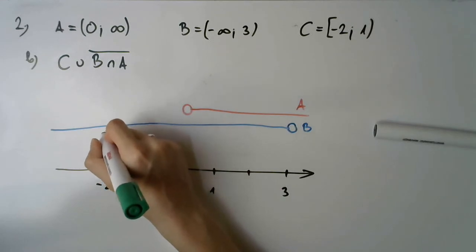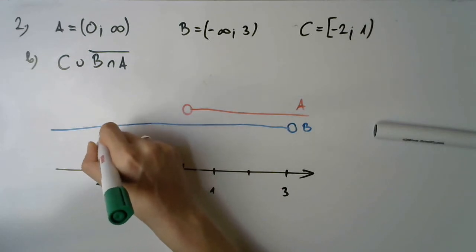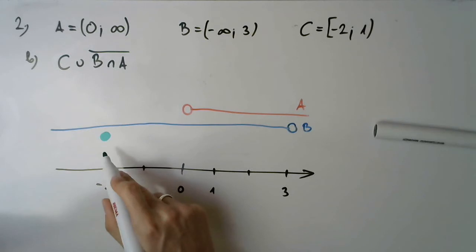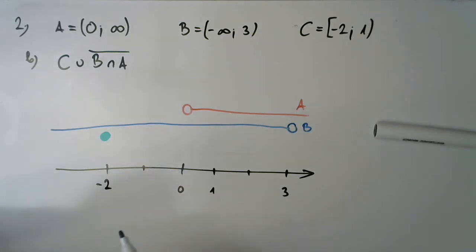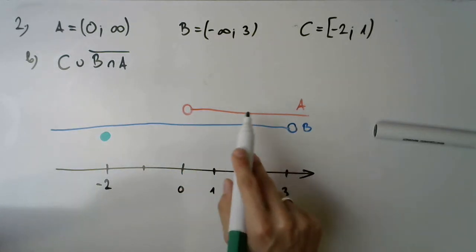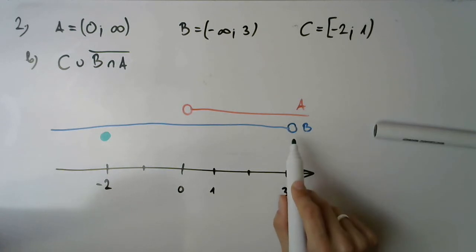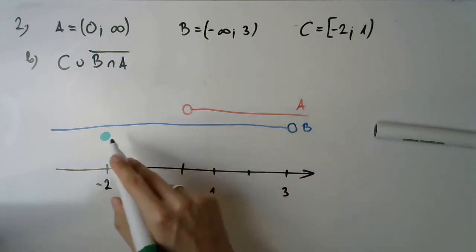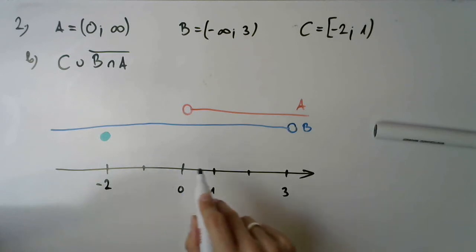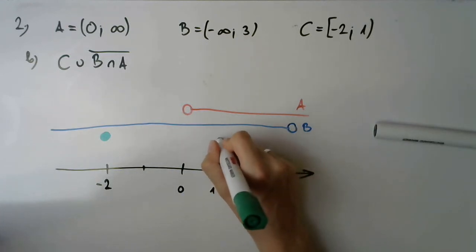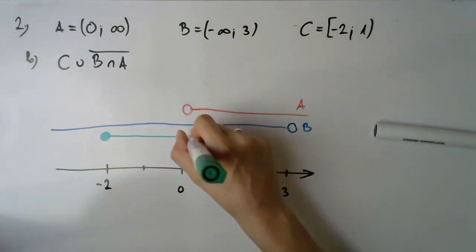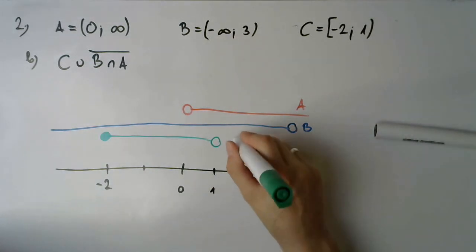At negative 2, this interval is closed. It means that negative 2 is part of the interval, whereas 0 is not part of interval A and 3 is not part of interval B. So it is closed at negative 2, open at positive 1, and we've got this.